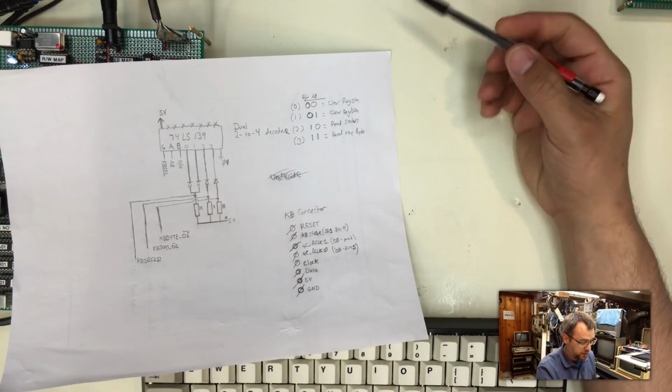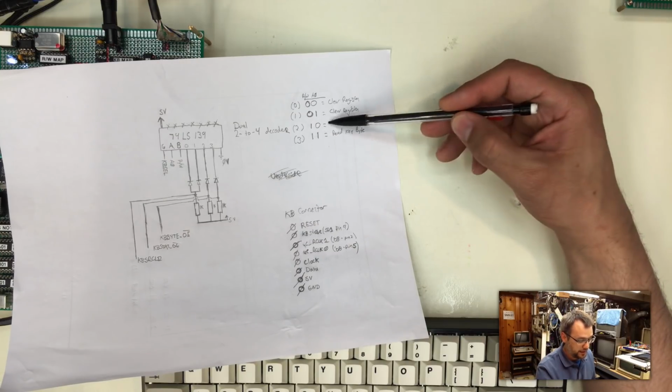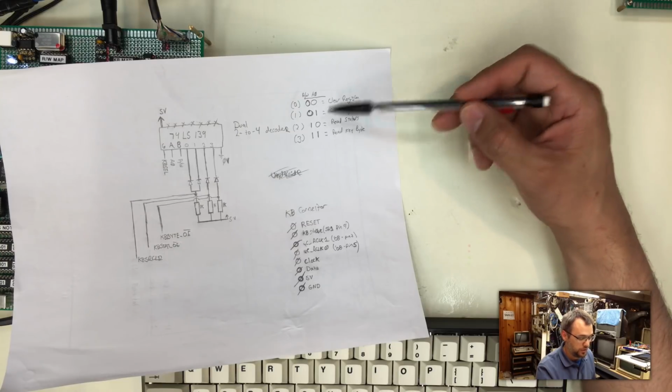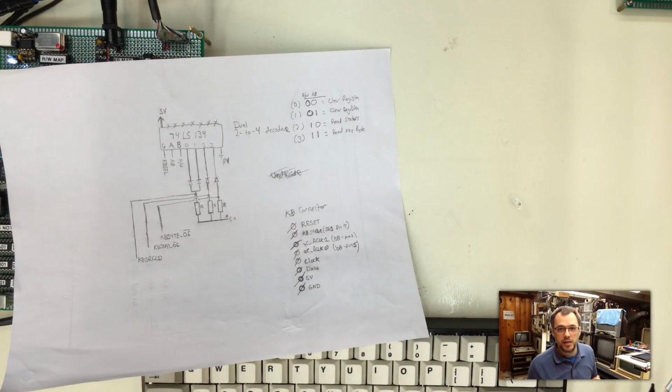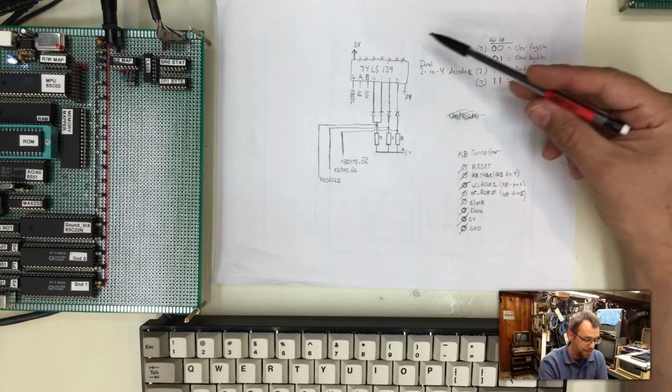That means clear register. And then if RW is high, we're selecting either the status byte or the key byte based on the A0 address, which is the low address of the beginning of the keyboard register area. So that's basically how I got that all set up.